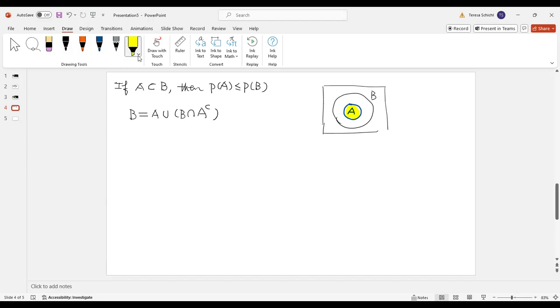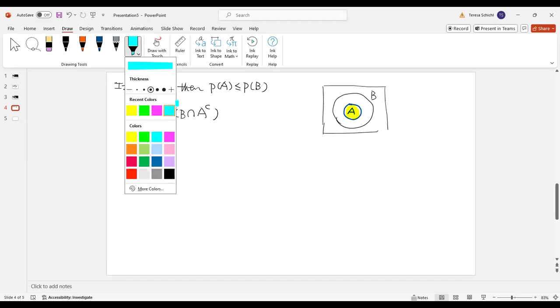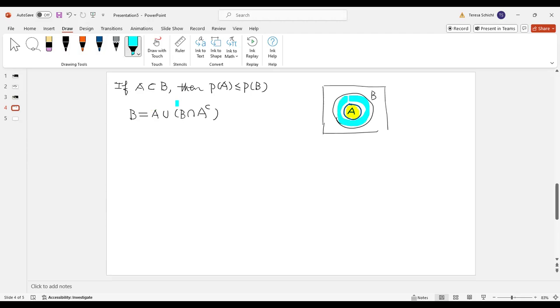This will be the yellow region union this light blue region, and the light blue region is B intersect A complement.